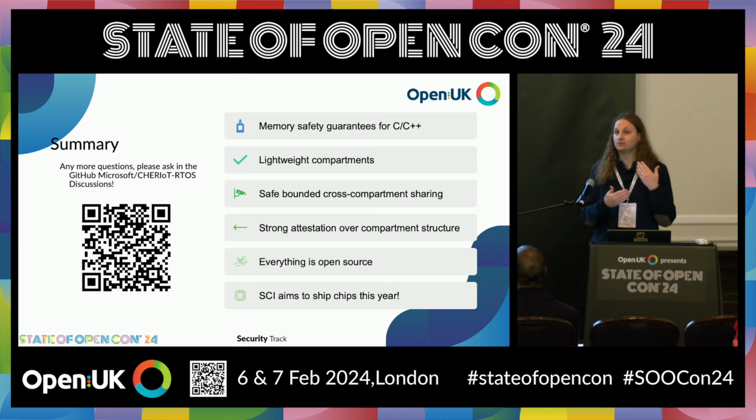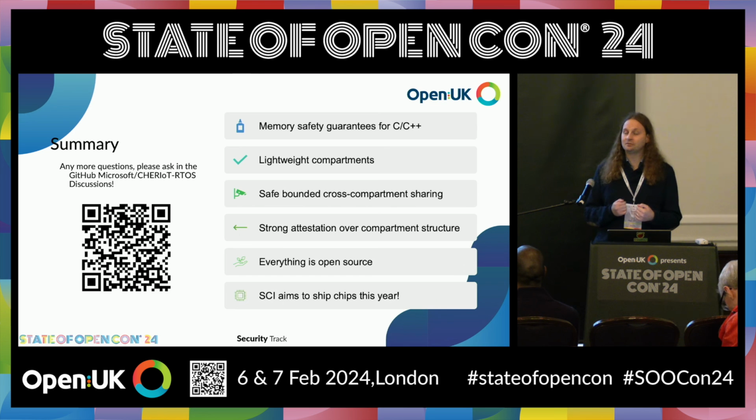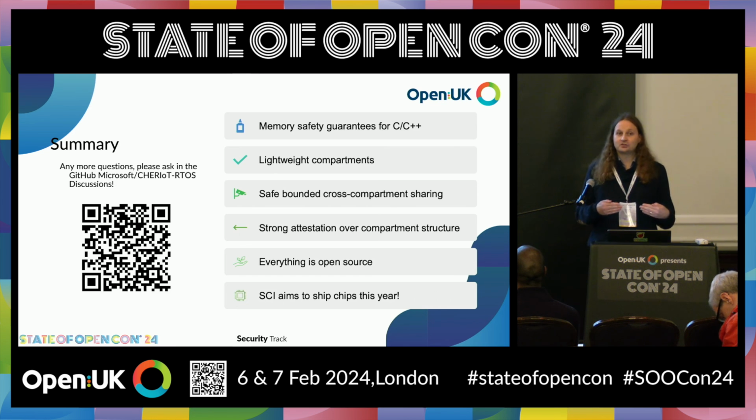And so we have a rich set of primitives that allow you to communicate by just passing pointers to function arguments, but have guarantees like deep immutability, shallow immutability, deep no capture, shallow no capture, enforced at the hardware level. Once you've built that graph of compartments, you can get attestations over exactly what is linked, what communicates with what.